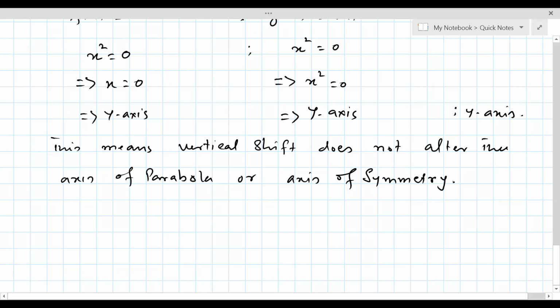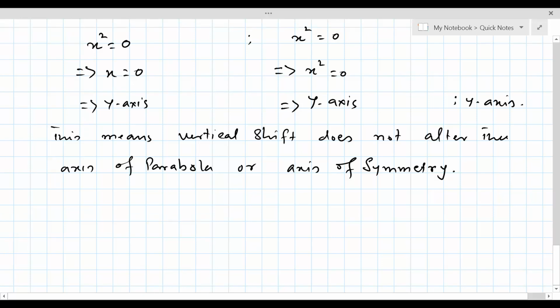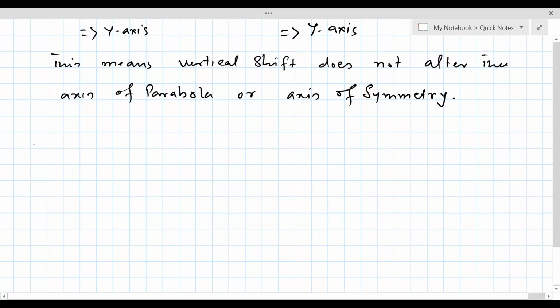And now if we want to find out the focus, the focus is equal to 0, coefficient of x square divided by 4.